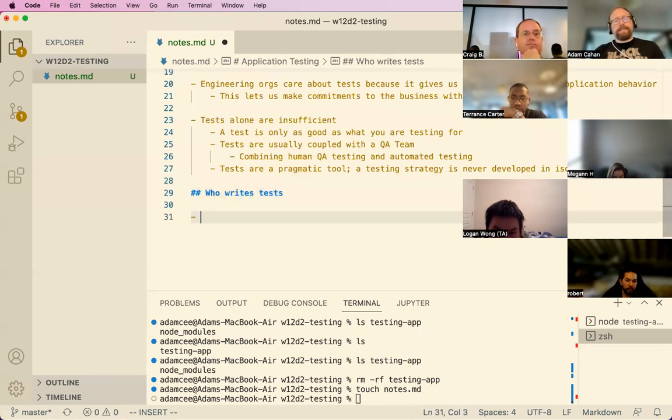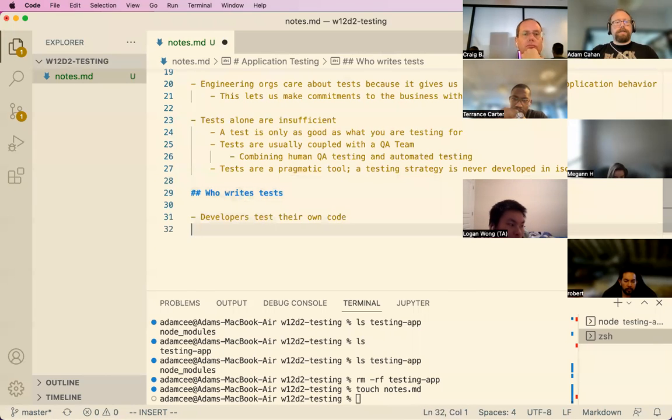So who writes tests? There's essentially two approaches. One is developers test their own code. And the other is there could be a dedicated test, or you'll see the term QA engineering.